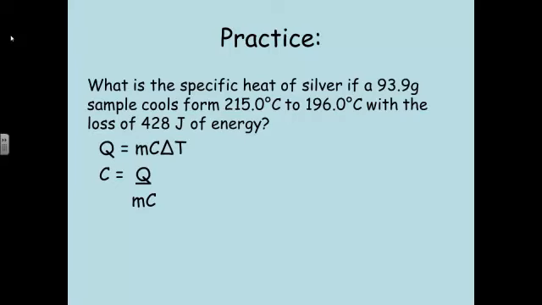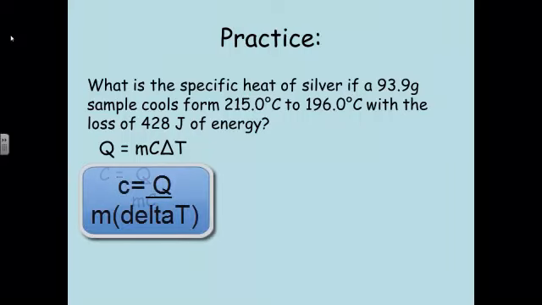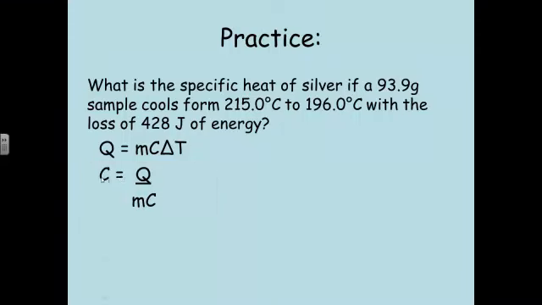What is the specific heat of silver if a 93.9 gram sample cools, that should say from, 215 to 196 degrees Celsius with a loss of 428 joules of energy? Well, I'm solving for C. So I'm going to divide both sides by m delta T, and I see a mistake. It should say C equals Q divided by m delta T. There should be delta T here.